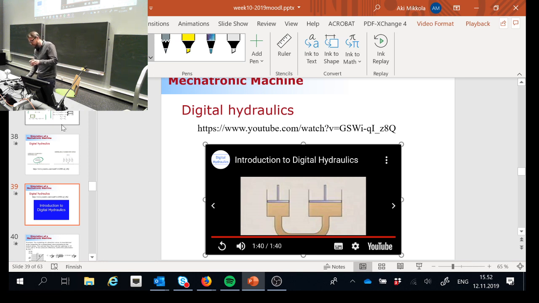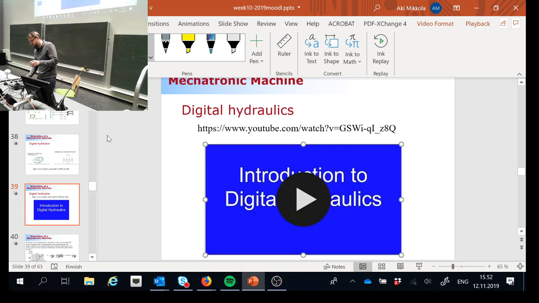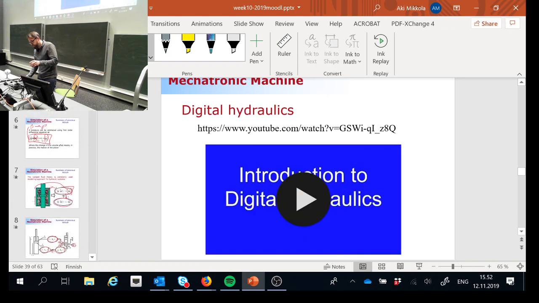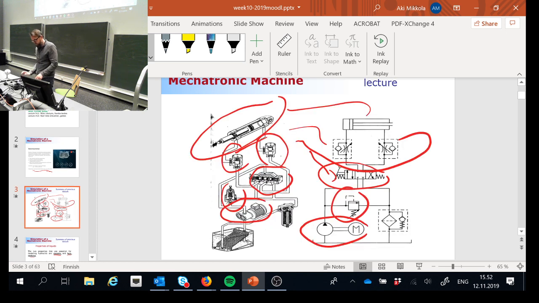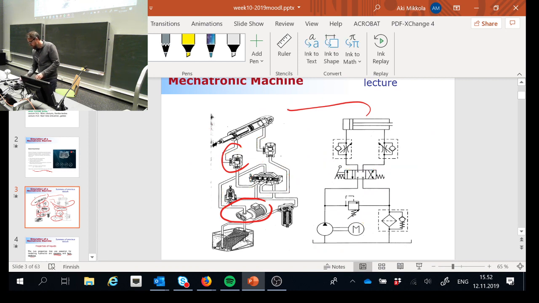we need to go all the way back to the second slide. So here, in this kind of conventional hydraulic circuit, you have a motor that is running the pump.